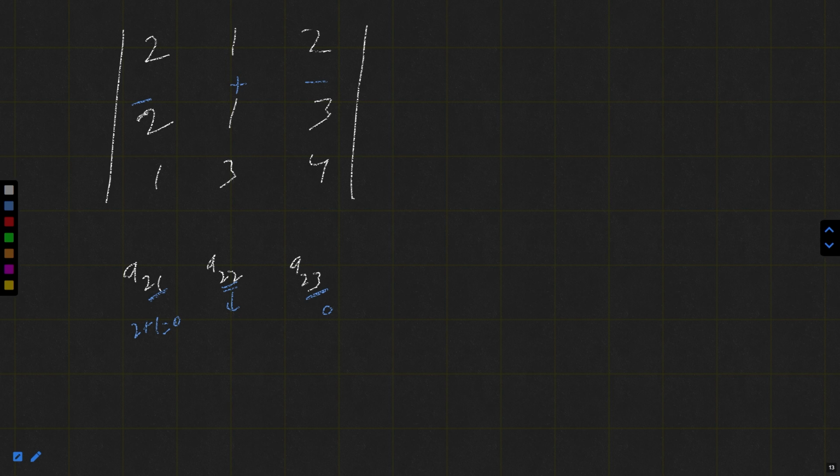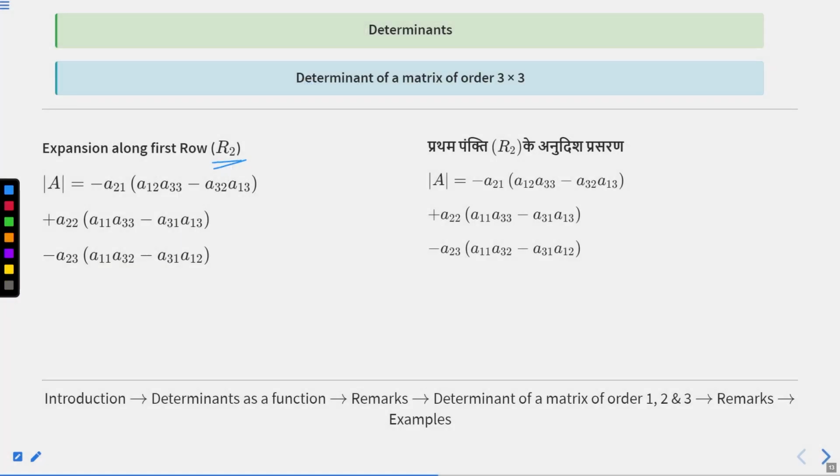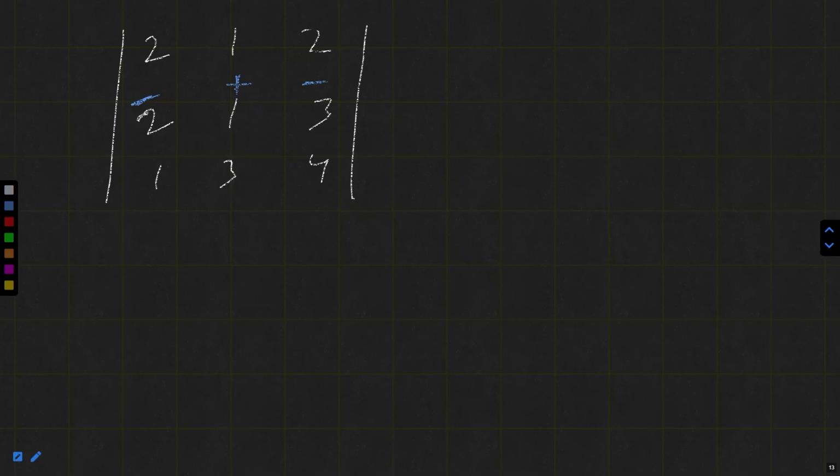You can also observe that you just have to know this one sign and the other signs will alternate, so minus plus minus. From the formula you can also observe, minus plus minus. Simple.